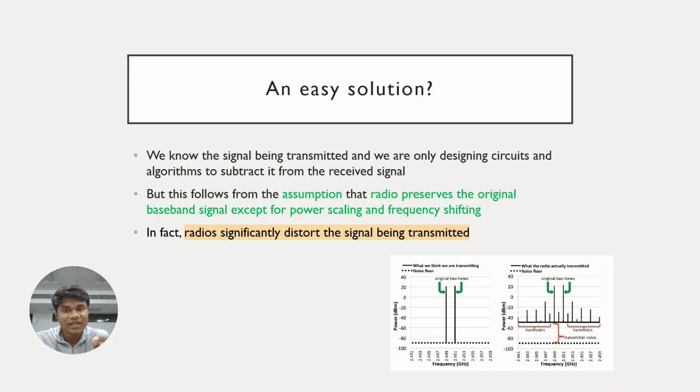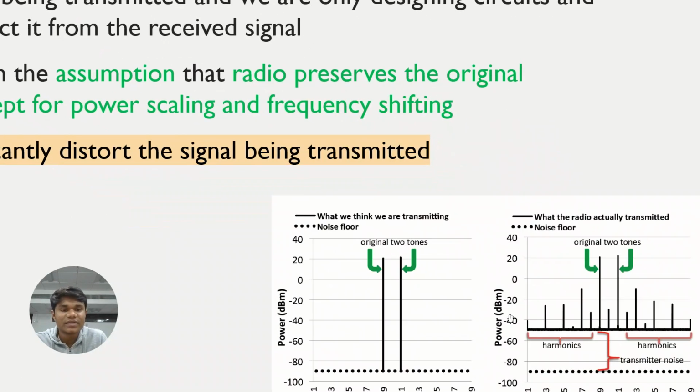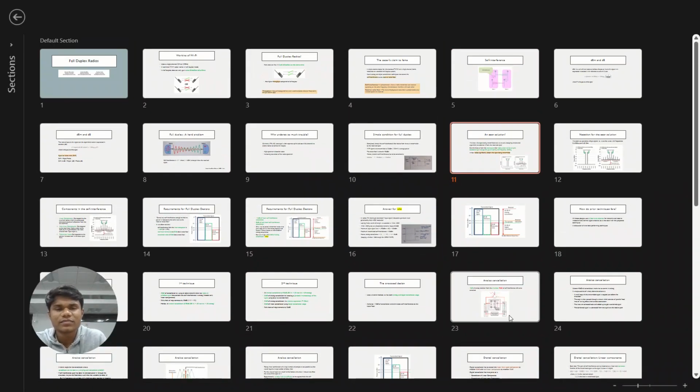Turns out the deduction that we just made follows from an assumption that radio preserves the original baseband signal except for power scaling and frequency shifting. But unfortunately, this does not happen. A radio significantly distorts the signal being transmitted. It is shown in the diagram here.